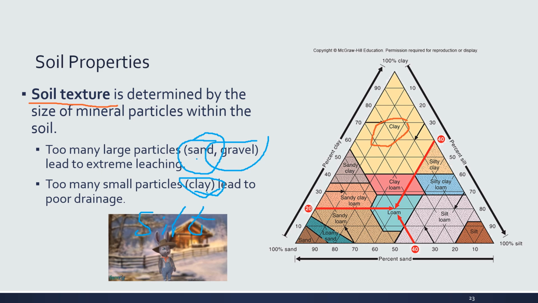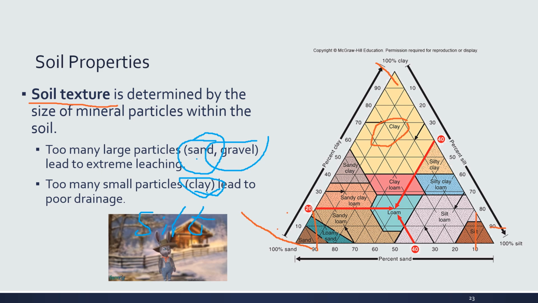And I know this chart looks a little weird, but this is basically saying that for clay, anything here is 100% clay. That means it goes down this way. Anything here is like 10% clay right here. This means sand. So this means anything up here is 90% sand, 10% sand.